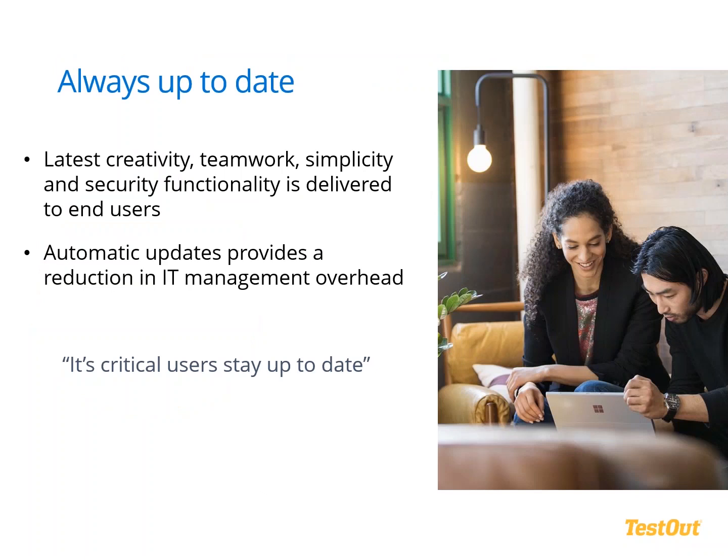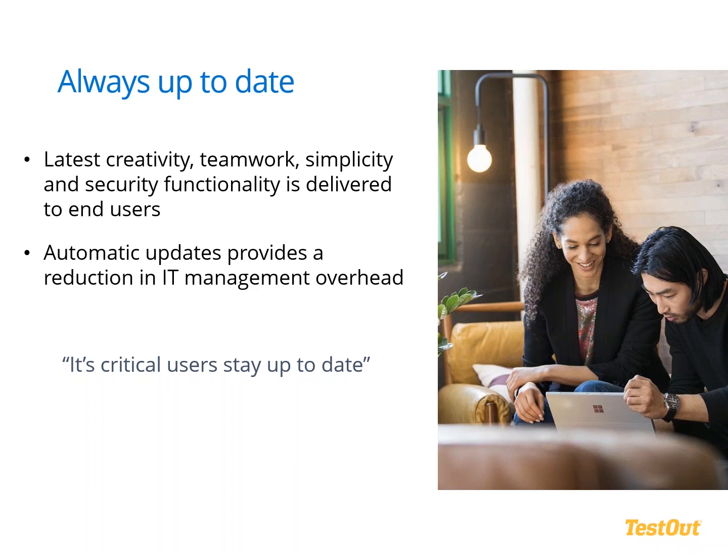And then always up to date, making sure that the latest creativity, teamwork, and really security functionality is delivered to users, that it's always updated, and that automatic updates provide reduction in IT management overhead, and that everyone throughout the organization is scheduled appropriately for the appropriate updates, so that organizations don't have some users on some versions of Windows, other users on other versions.